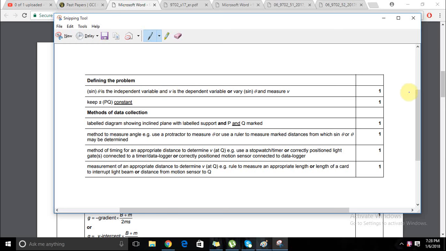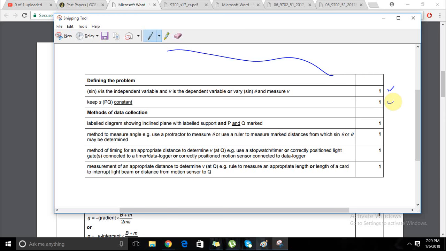Independent, and v is dependent, 1 mark. We have to keep s a constant, yep. v squared is equal to 2 into a into s. s definitely needs to be kept constant.